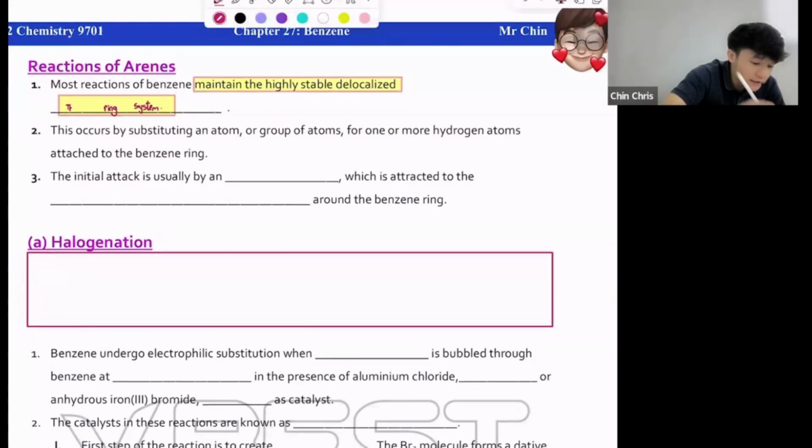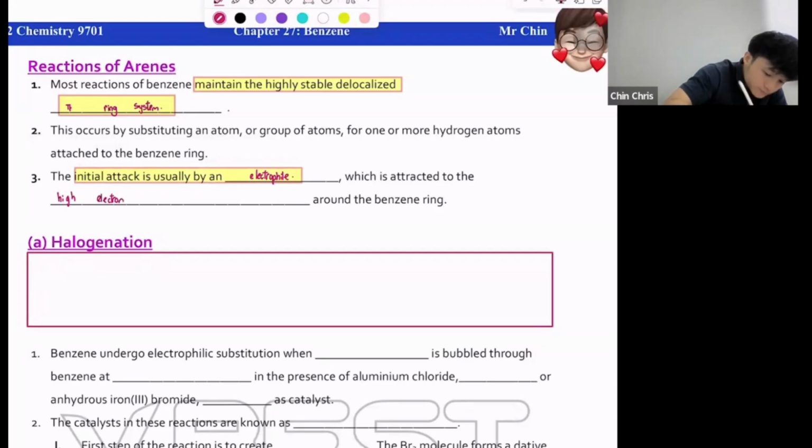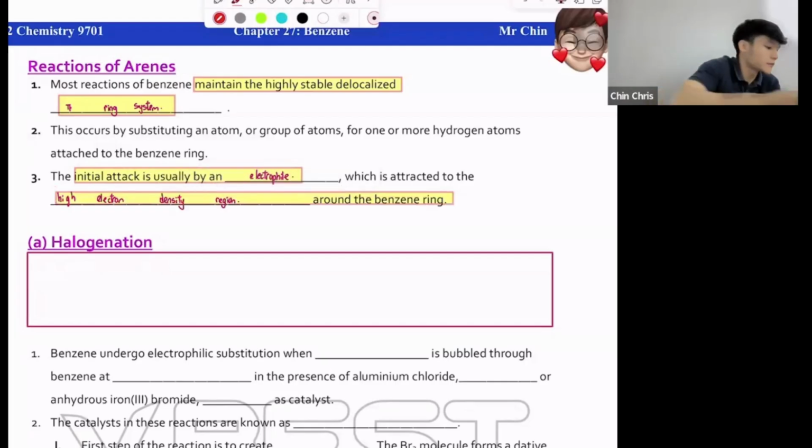Usually the initial attack is always by an electrophile, and it's attracted to the high electron density region around the benzene ring. That's it.